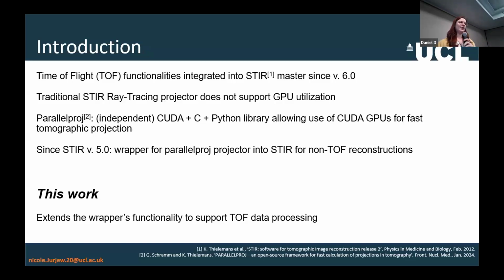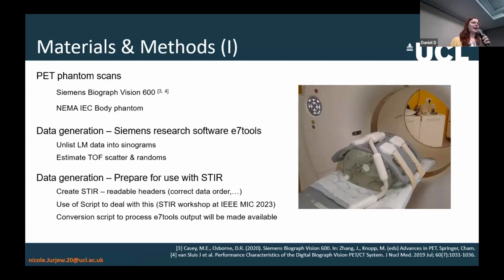Since STIR version 5, we have had a wrapper of Parallelproj for non-time-of-flight reconstructions or projections. What I did earlier on is that I extended the wrapper's functionality to support time-of-flight data processing. I'm going to show you some results on PET phantom scans of the Siemens Biograph Vision.